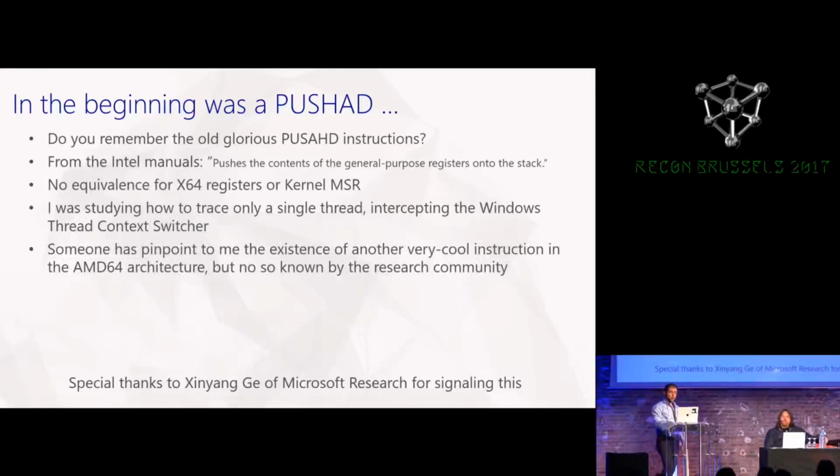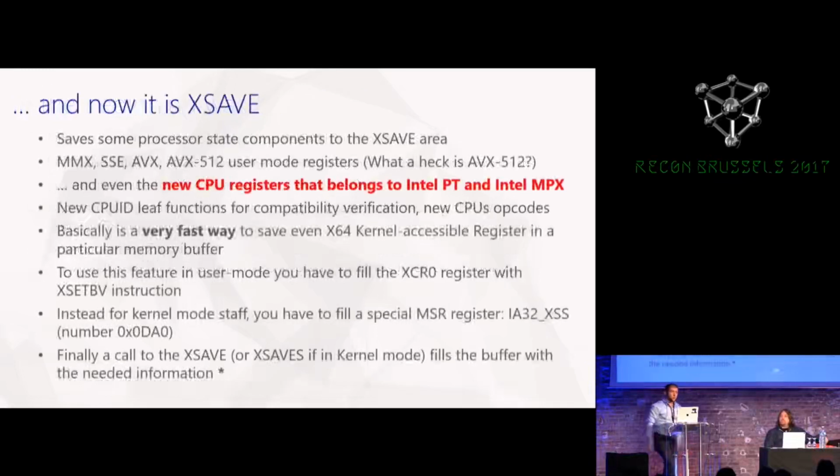Now, in a 64-bit environment, something like that doesn't exist anymore. But Intel has made this new cool instruction called xsave. The xsave is a new opcode in the AMD64 instruction set that basically saves some extended registers, registers that belong to the Intel architecture, to a specific area.